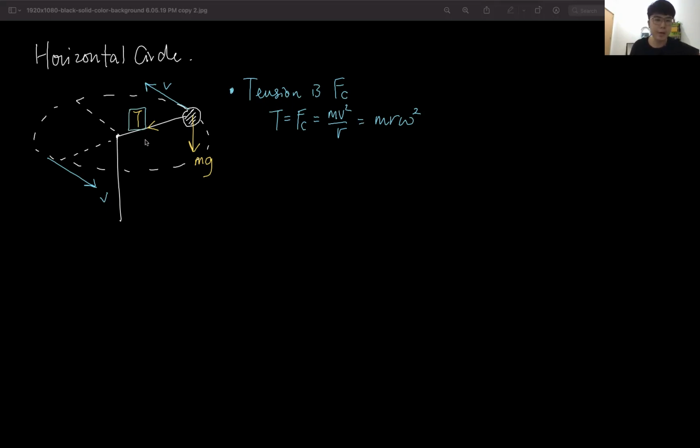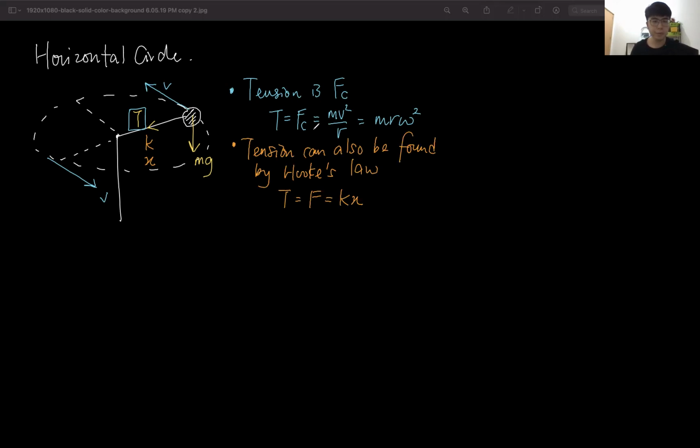They give you the spring constant and the extension, find the tension here. So tension equals force equals kx.